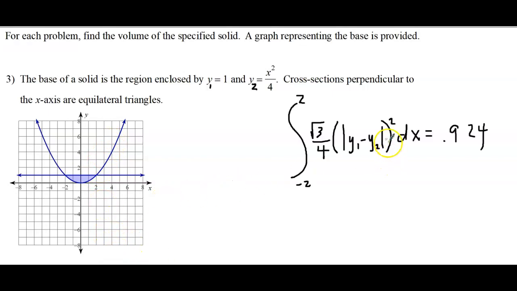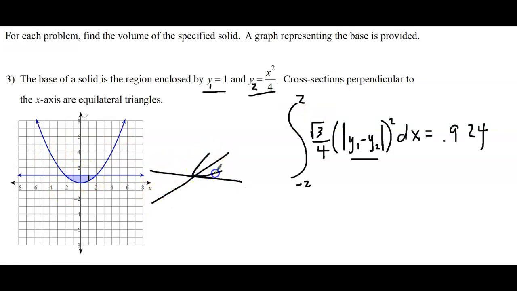Okay, and so here it is. The distance between y equals 1 and x squared over 4 is going to be the y1 function minus the y2 function. That's the distance between them. Take the absolute value just in case we got the order wrong. And that's going to represent the base of the equilateral triangles that we're stacking on top of it.